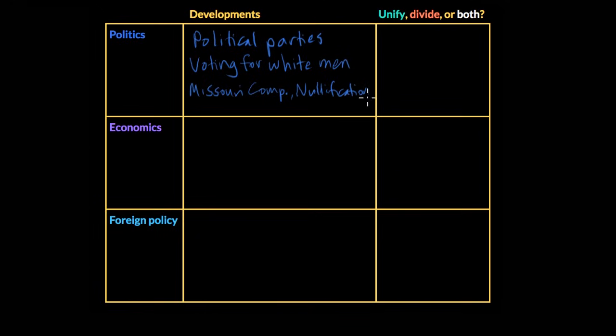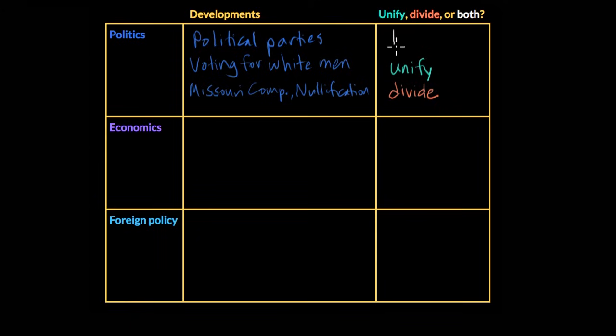Well, I would say that the Missouri Compromise and the nullification crisis were both examples of regional identity trumping American identity, since they concerned the balance of power between free states and slave states, and whether states or the federal government should have the final say. The expansion of the right to vote seems like a point for unification to me, since it celebrated American democracy as the birthright of white men from all states.